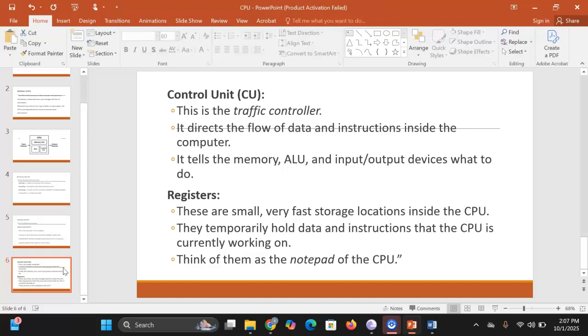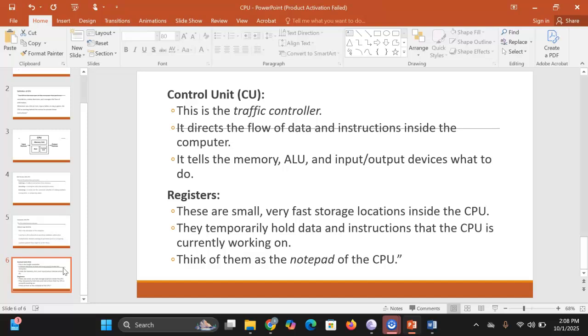We also have the control unit. The control unit is like the traffic controller. This part of the CPU directs the flow of data and instructions inside the computer. It tells the memory, the ALU, and the input and output devices what to do. So basically, it is the one that sends data or information to output devices.